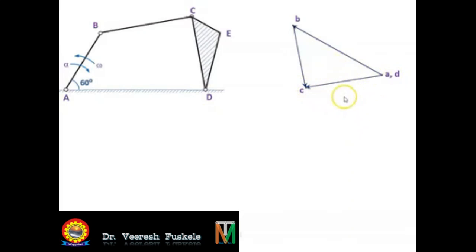So where to make the diagram? The point E should be located such that the letters in the configuration diagram and the letters in the velocity diagram should be read in the same order, like C, E, D.